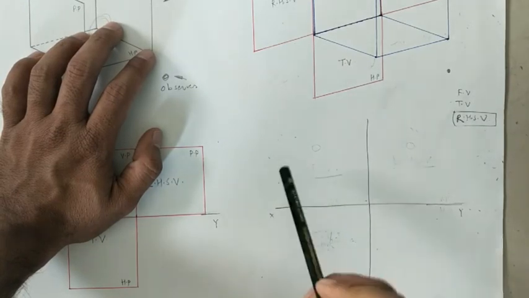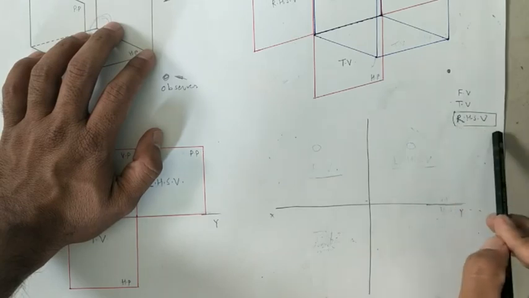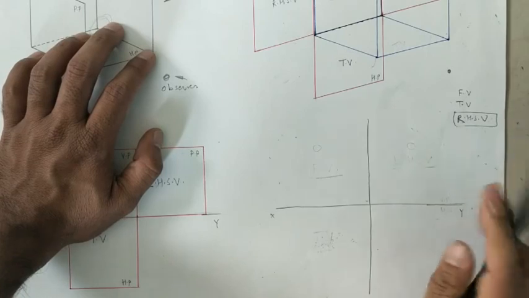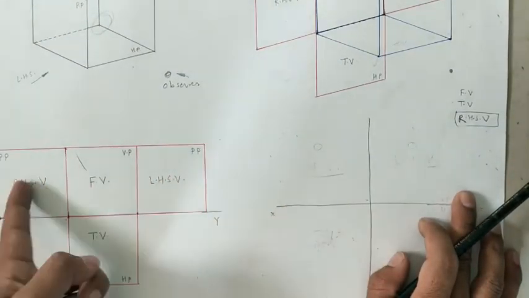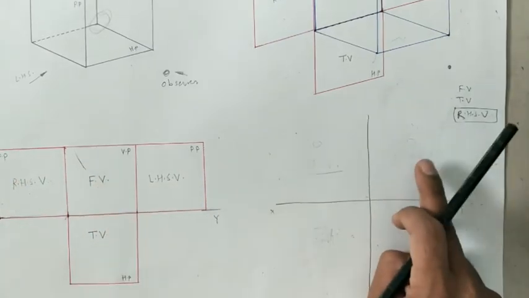So again, on what does it depend? It depends on which side view is asked to draw. So right hand side view we have to draw, and you know that according to the first angle method of projection, right hand side view comes to the left hand side of the front view. So what will be the position for the front view here?